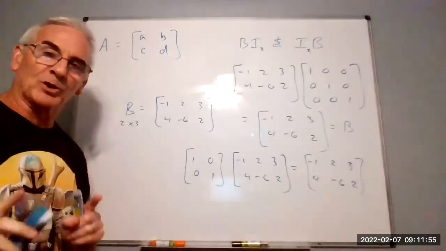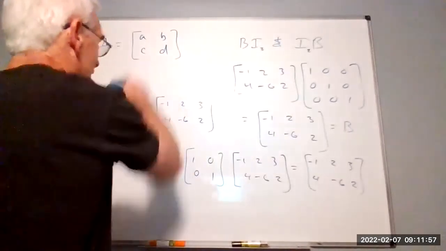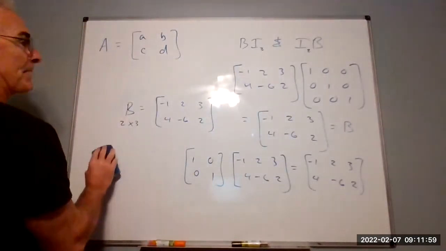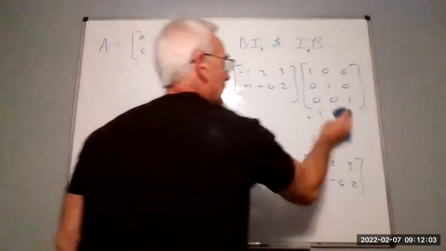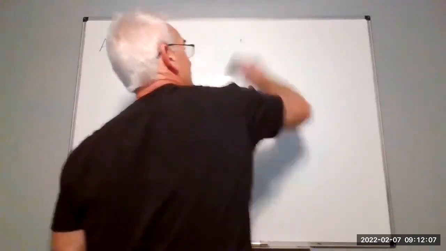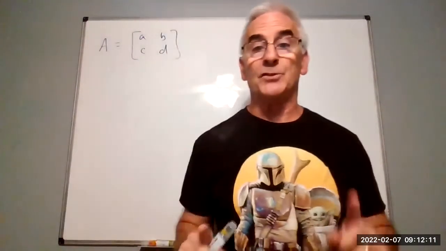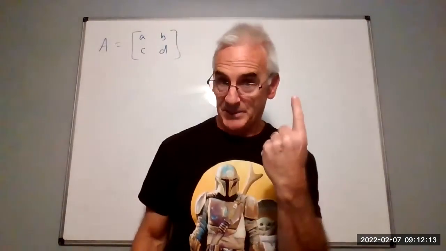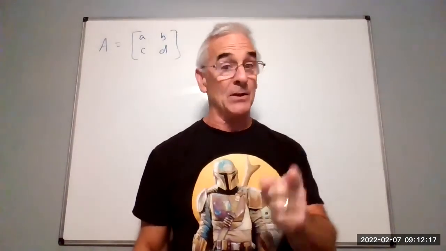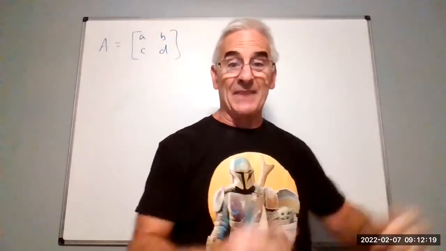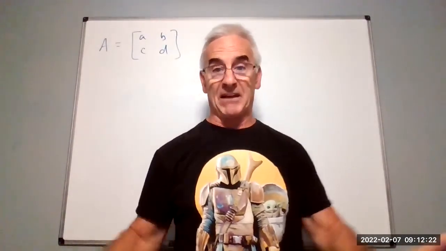So here's our goal in finding an inverse of A, if it exists. Our goal is to perform matrix operations, and I'm going to show you how this works. Not every matrix has an inverse. Here are the rules for having an inverse. First of all, you have to be square, because A times A inverse has to equal A inverse times A, and you have to get back the identity matrix. That's the rule.